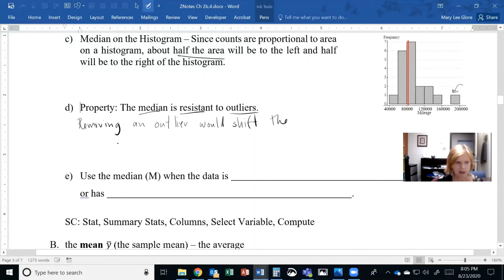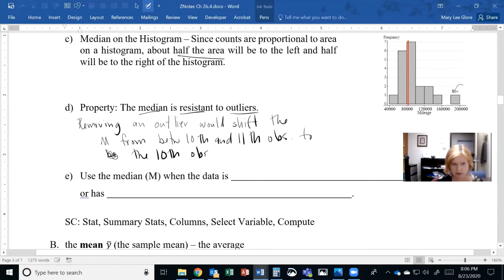the median from, right now it was between the 10th and 11th observation, to just being equal to the 10th observation.